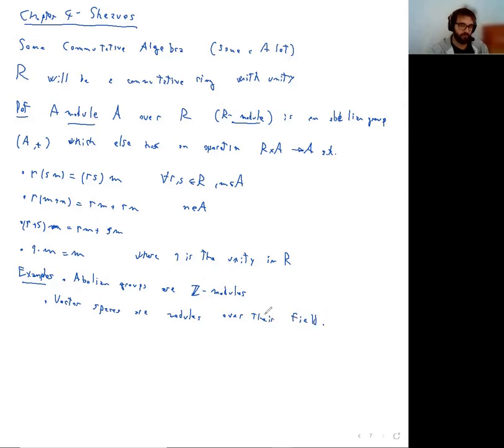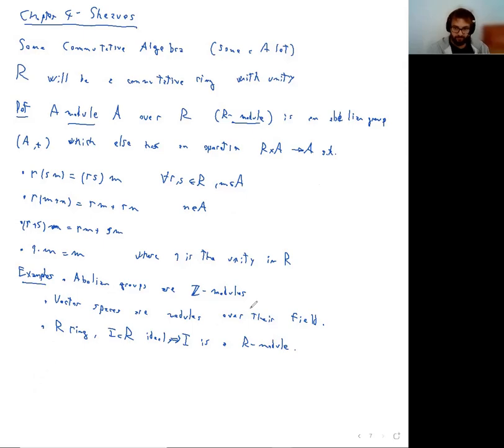If you have a vector space over R, this is an R module. And if you have a ring and an ideal inside the ring, then this ideal is an R module as well. Yeah.